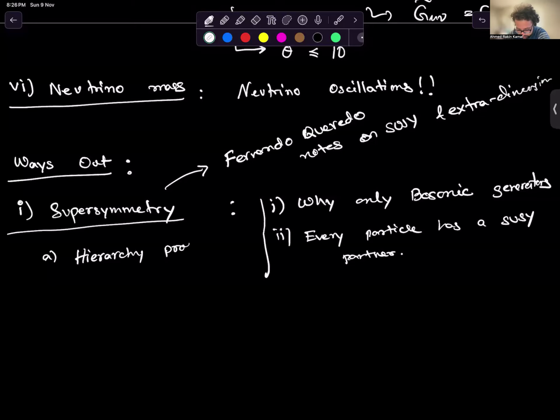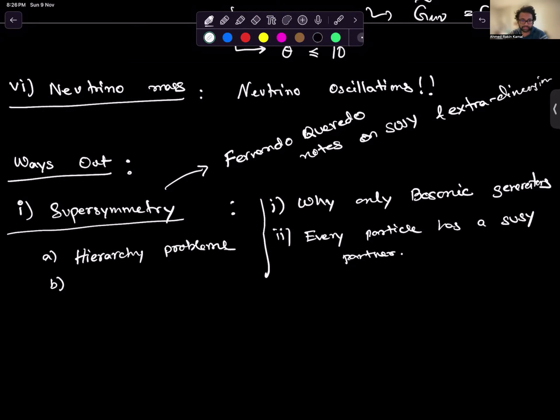The correction to the Higgs can be cancelled due to some symmetry. Naively speaking, if you have bosons running in the loop, you have fermions with the same mass and charge running in the loop, and they come with opposite signs, and they cancel very nicely.